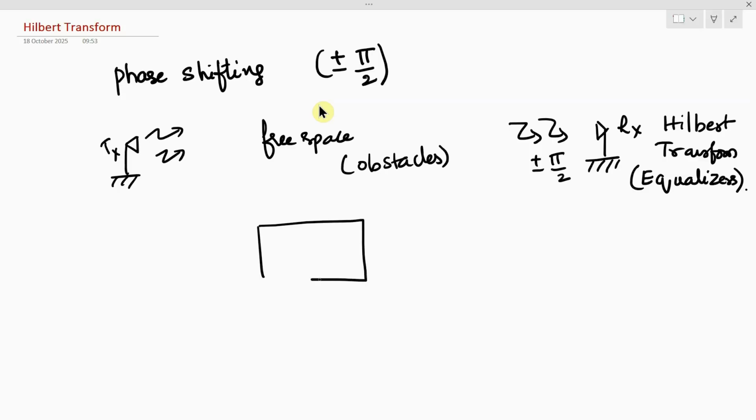Hilbert transform is basically an LTI system, which you can check later, because it is transforming the phase shift. I'm calling it the Hilbert transformer. It's not like the transformer you are thinking about. It is about a phase shifter.